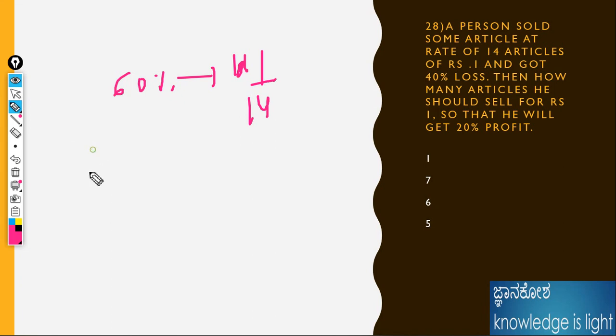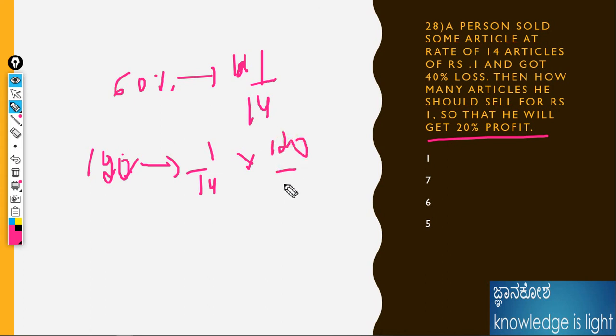Then for a profit of 20%, how much should be the article? 1 by 14, 120 by 60, that means 1 by 7. Therefore 7 is the answer for this question.